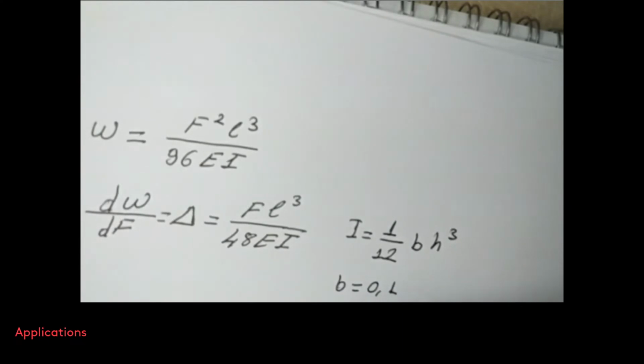So E is the Young modulus of the aluminum, which is given to us. Sorry, just I will hold you for a second.